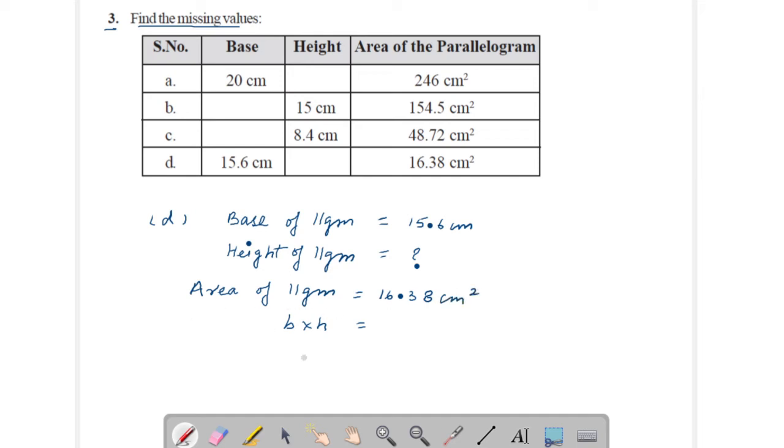Now area of parallelogram it is given by base into height equal to 16.38. Here put the value of base. It is 15.6 into height equal to 16.38.